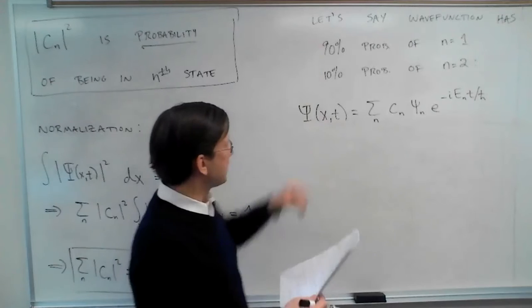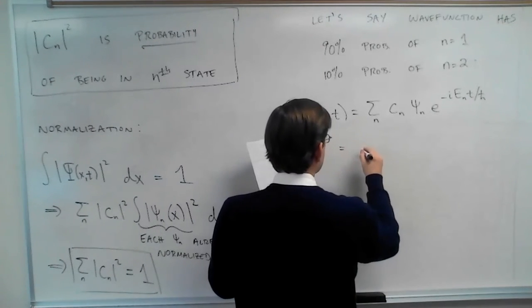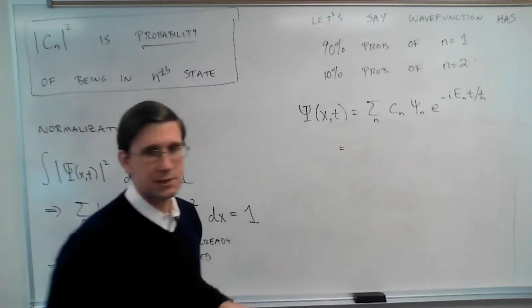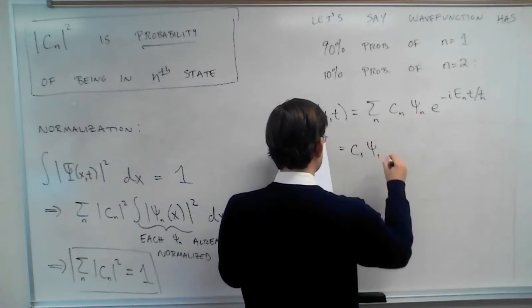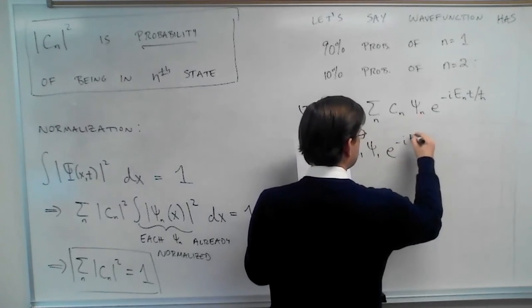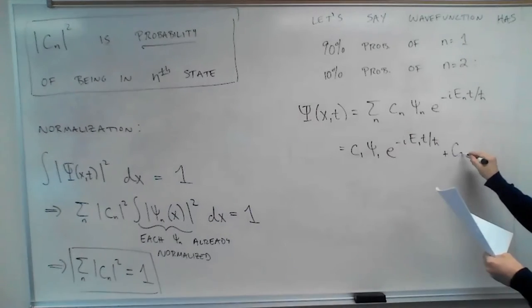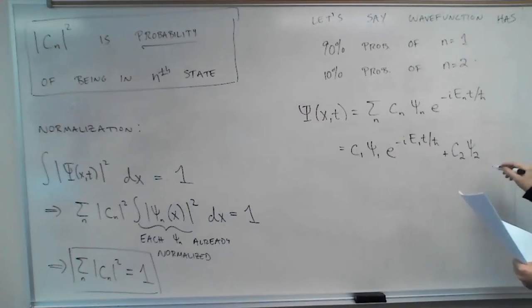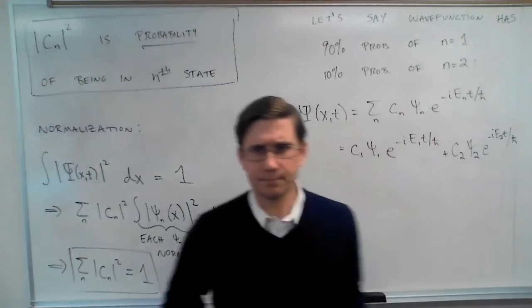And if we specifically have these conditions, we know that only the first and the second n's contribute to this sum. So this would be c1 times little psi 1, e to the minus i E_1 t over h bar, plus c2, psi 2, e to the minus i E_2 t over h bar.